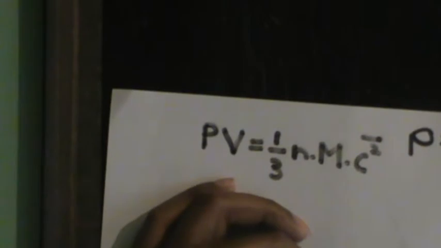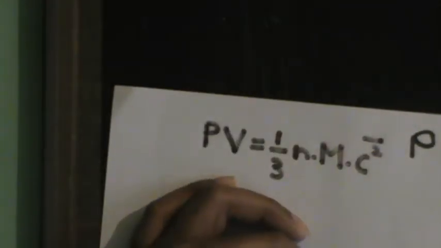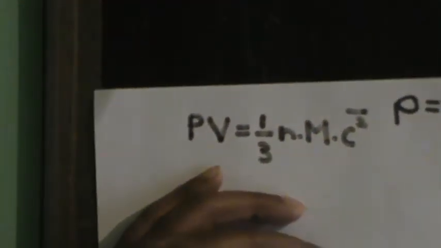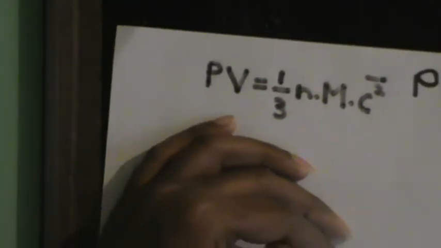If rho equals M by V, to substitute the value of rho I need the mass and the volume of the gas. I have the total mass as N times m, and V is the volume of this gas. So I will isolate N m divided by V, which equals rho, and then simplify to derive another equation.